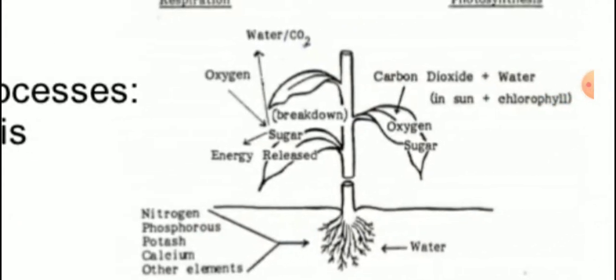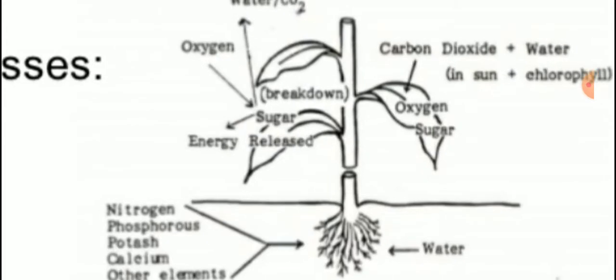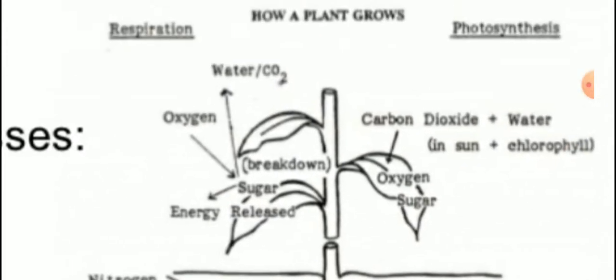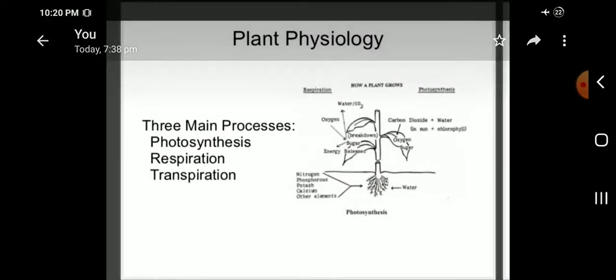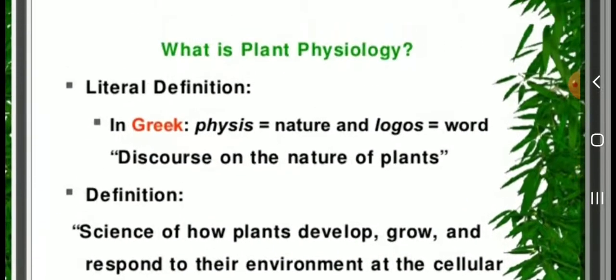Then carbon dioxide plus water and sun plus chlorophyll produce oxygen. Then the oxygen breaks down into energy released, water, carbon dioxide. Okay. Then what is plant physiology?